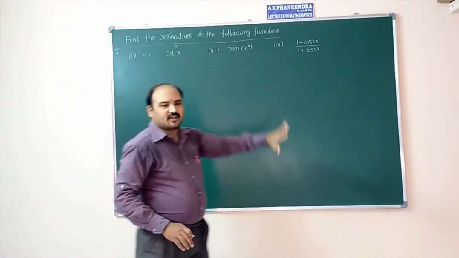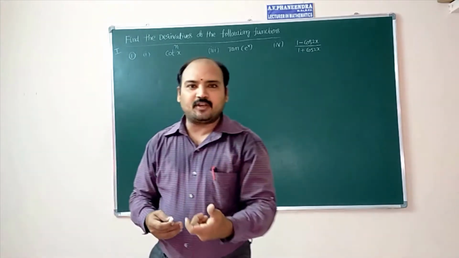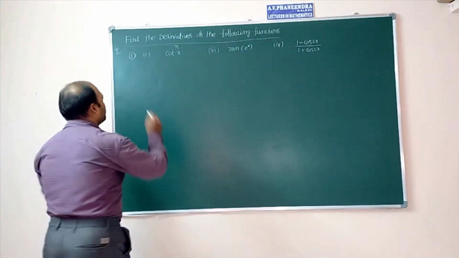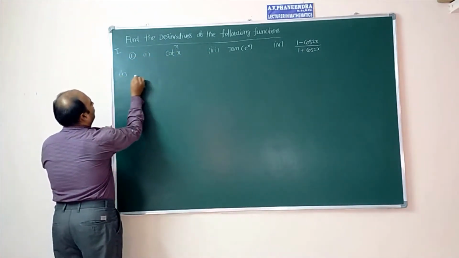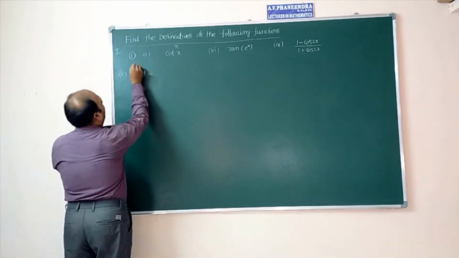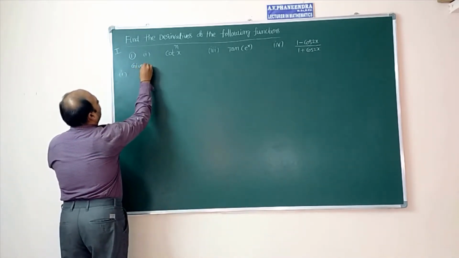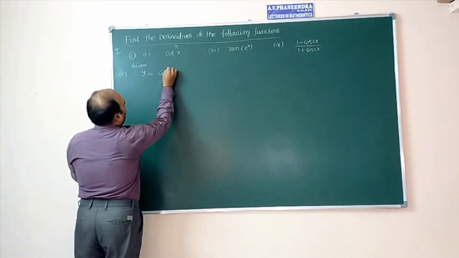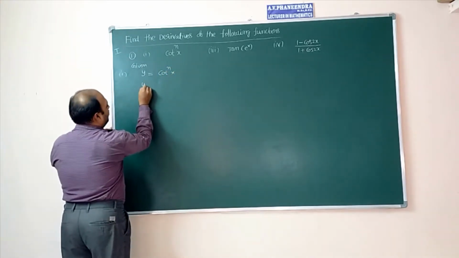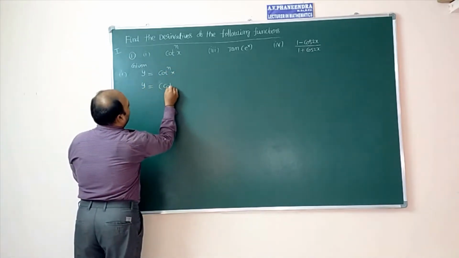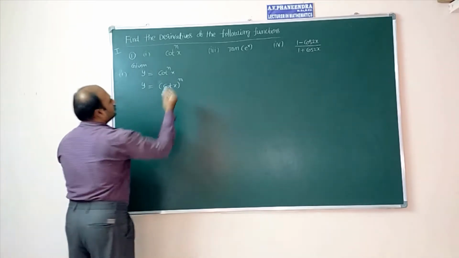Whenever functions like these are given, you have to assume that either f of x or y. So first I am taking this one as y. y is equal to cot power n x. That also can be written as cot x whole power n.